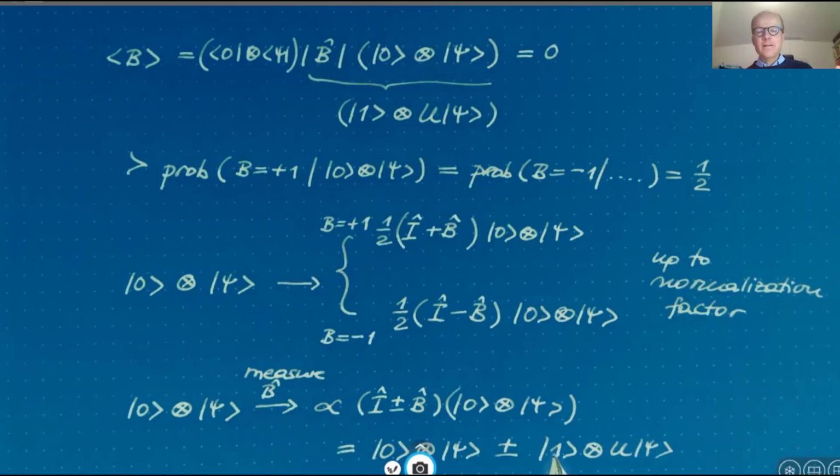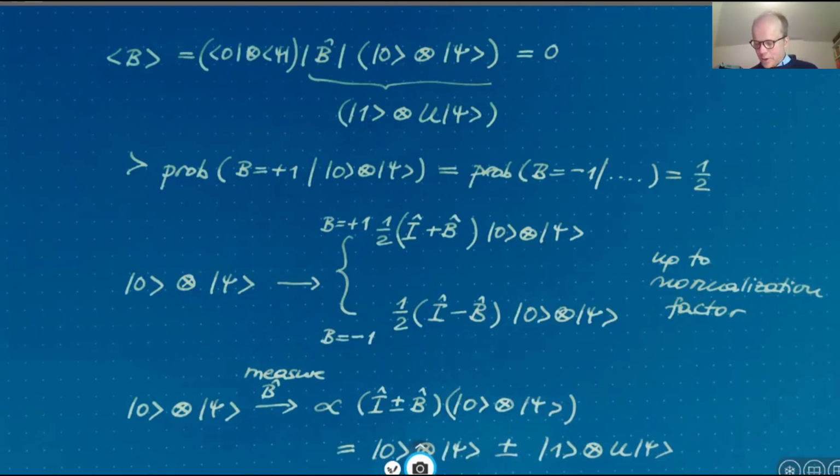And after that second measurement, you will have to do yet another projection onto the eigenspace associated with the result of your second measurement. If the result of the second measurement yielded +1 for Pauli Z, then the associated eigenstate is the basis state 0.